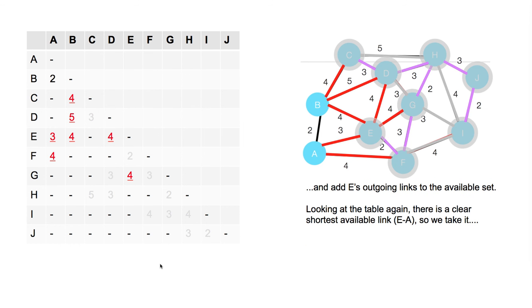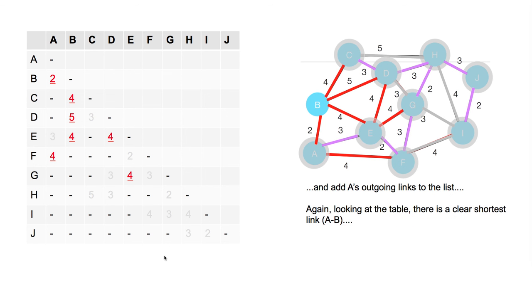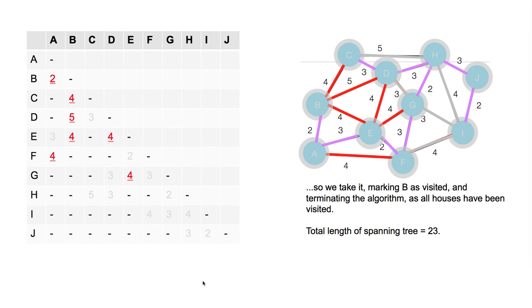And we add E's outgoing links to the table, and once again there's a clear shortest link E to A. So we take it, and we mark B as visited, and that terminates the algorithm as all the houses have been visited.